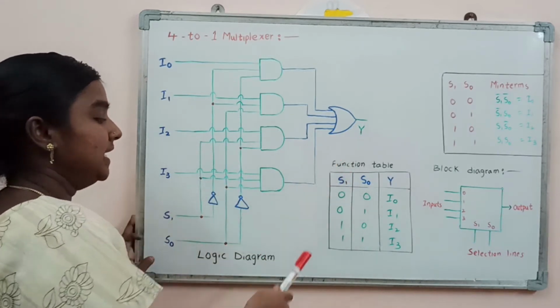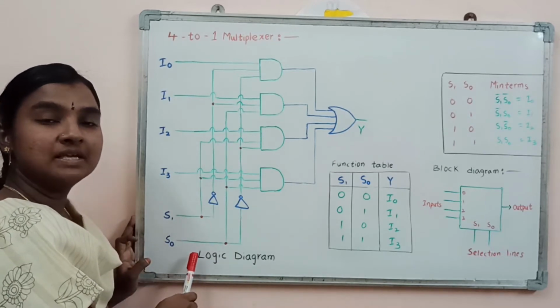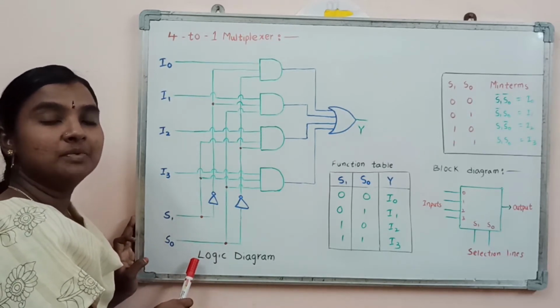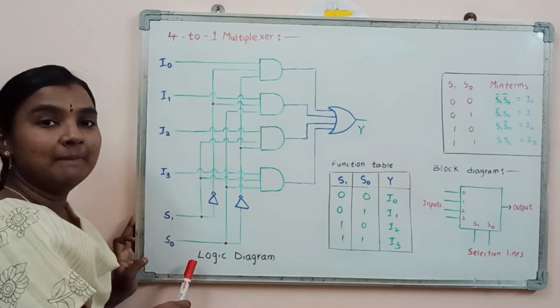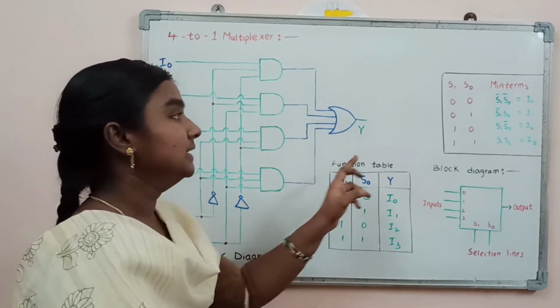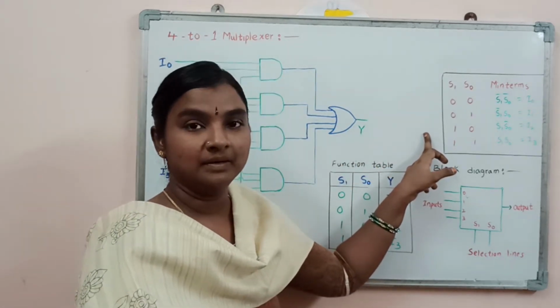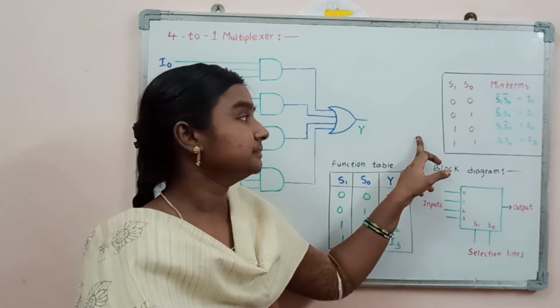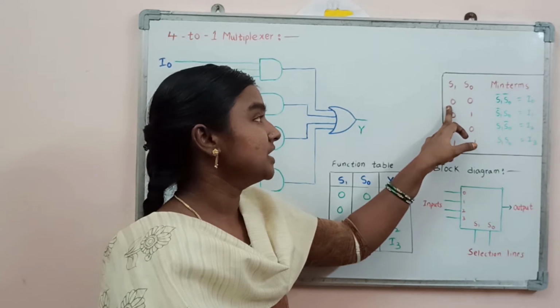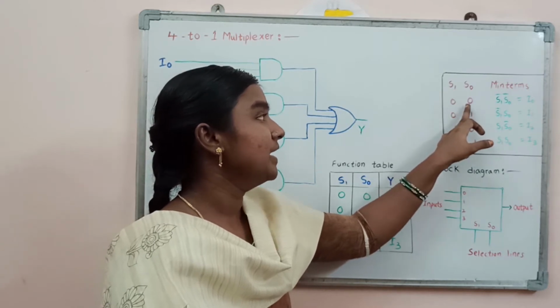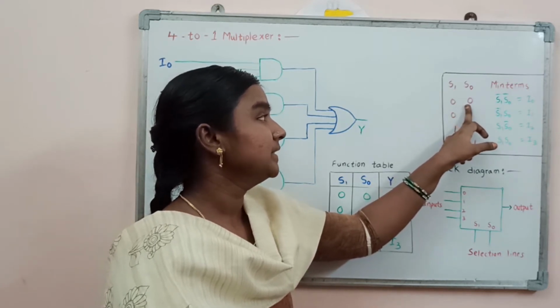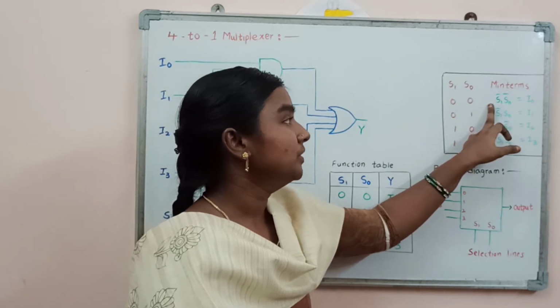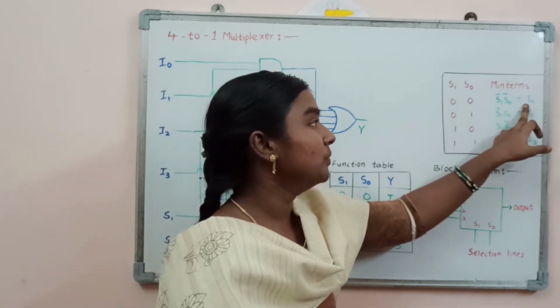Now we will see that with these two selection lines, we have 4 possible combinations of binary bits. This table shows the different binary combinations. With selection lines S1 equal to 0, S0 equal to 0, it is going to select the I0 input line.